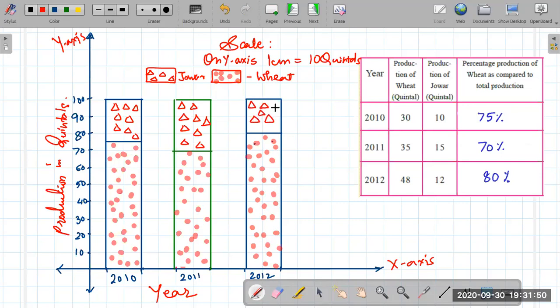The only part you need to be very accurate with is this table formation, where you have to check the percentage. Sometimes it is mentioned in the question that you have to approximate the percentages to nearest integers. At that time, you have to be very specific with the diagrams, and it will help you a lot.